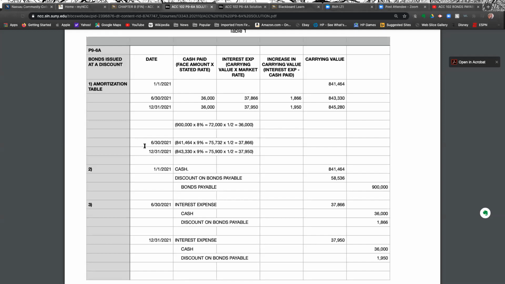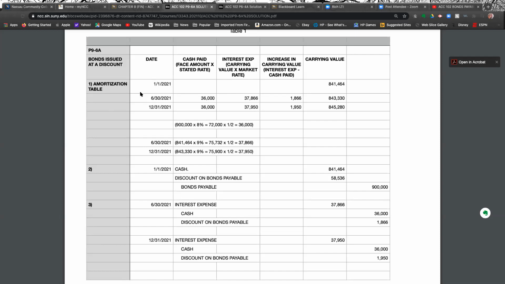And they issue for $841,464. Interest is paid semi-annually on June 30th and December 31st. They want you to complete the first 3 rows of the table and then make the journal entries to issue the bonds and the first 2 payments of interest. Once you have the table constructed, that becomes a very simple thing to do because all the numbers you need are already there.